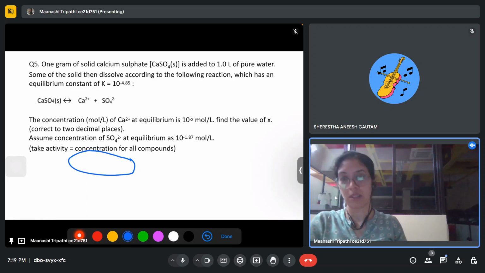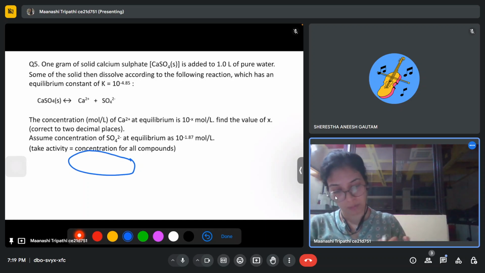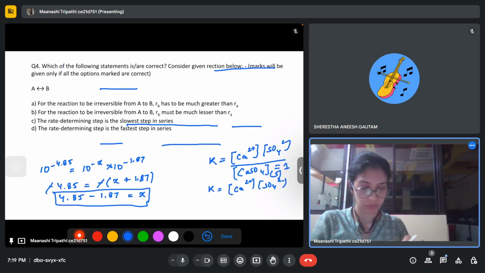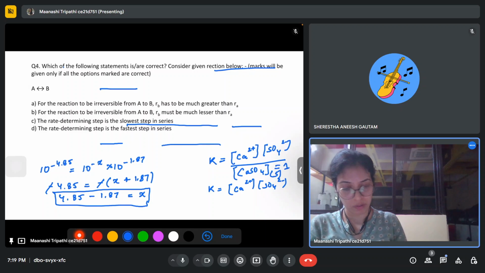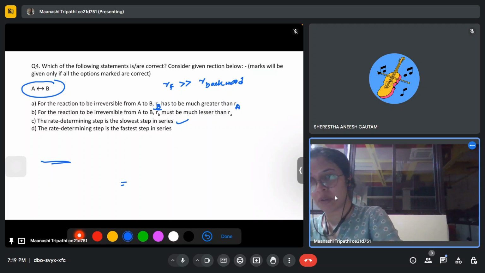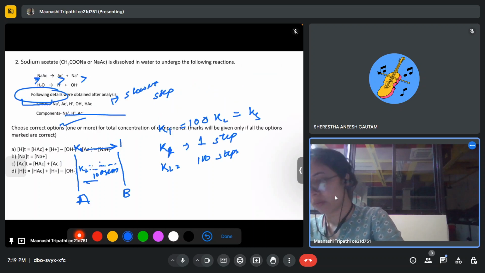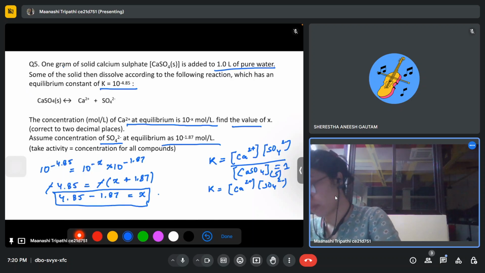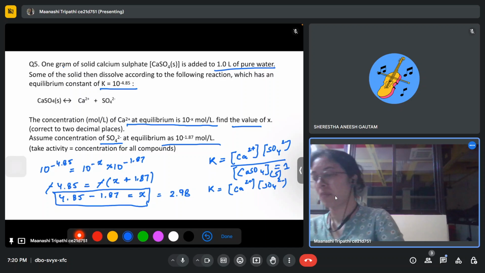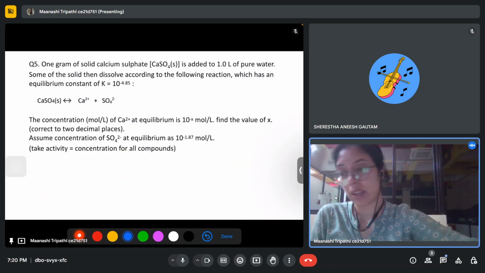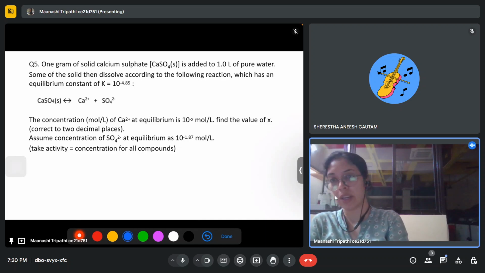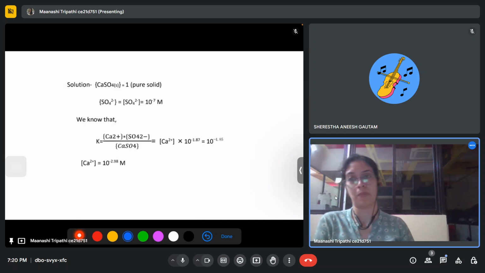When we subtract these values, the x value is 2.98. So 10 raised to power minus x, where x is 2.98. Okay, this is our solution.